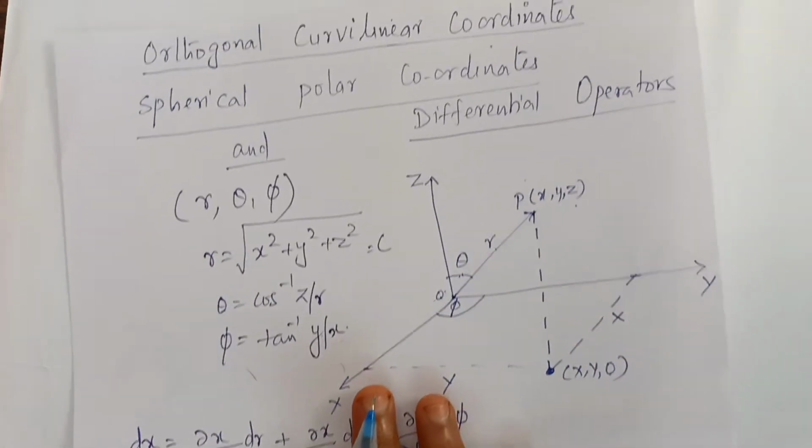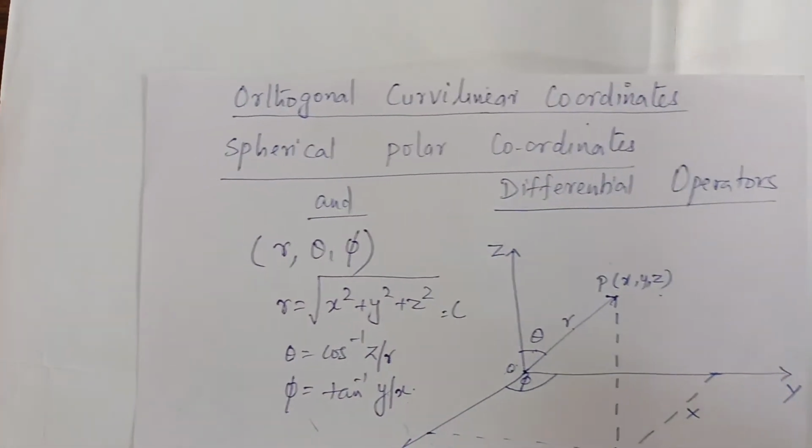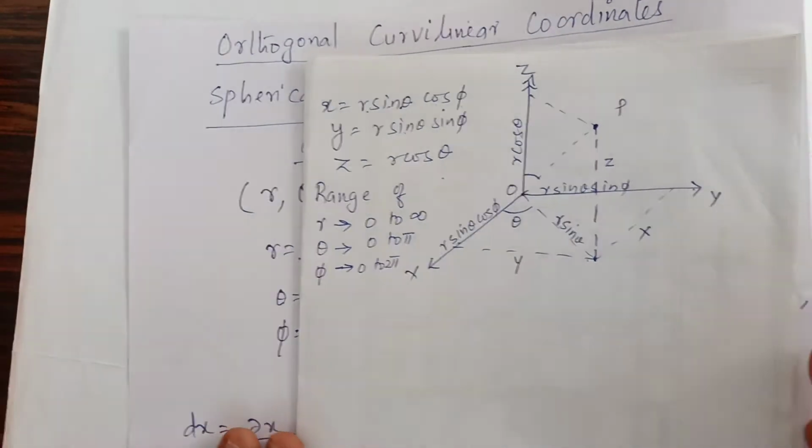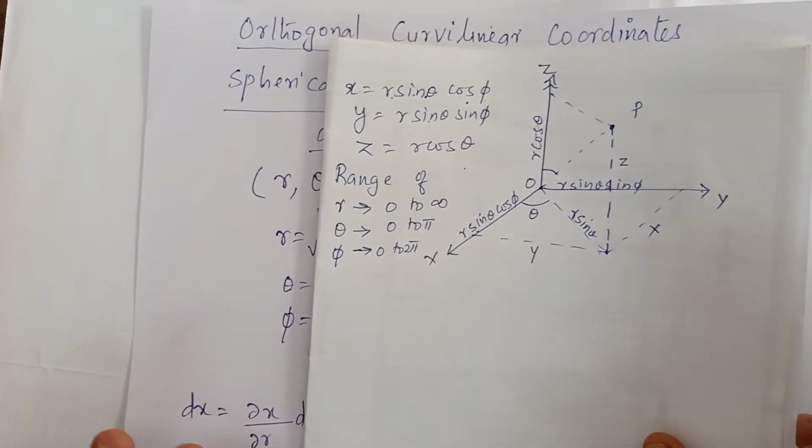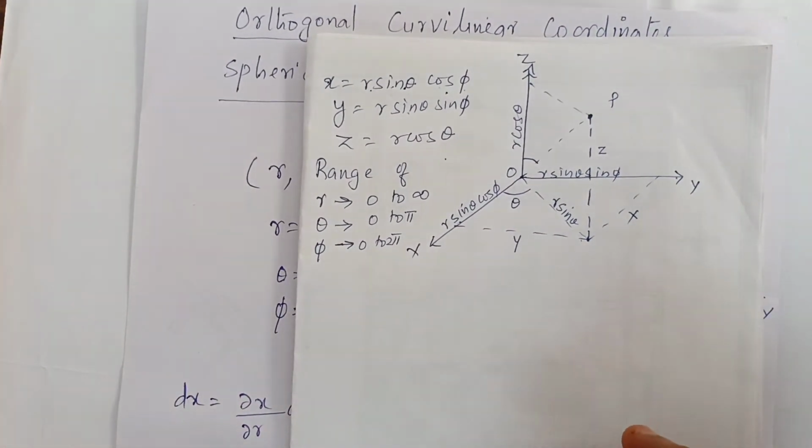Now we want to know the relation between the Cartesian or rectangular coordinates and our spherical coordinates. We have the spherical coordinates r, theta, phi, and we have our rectangular coordinates x, y, z.